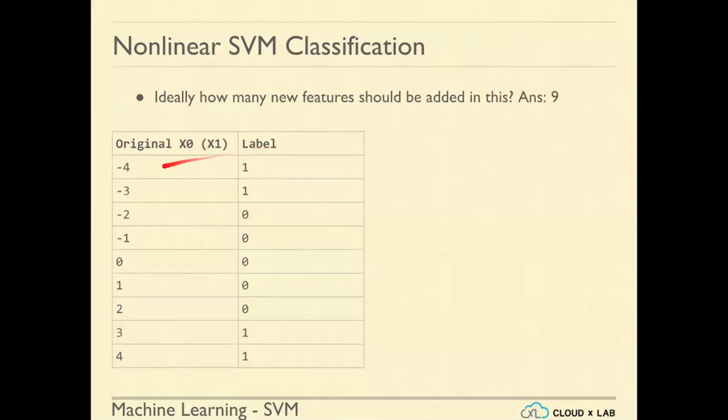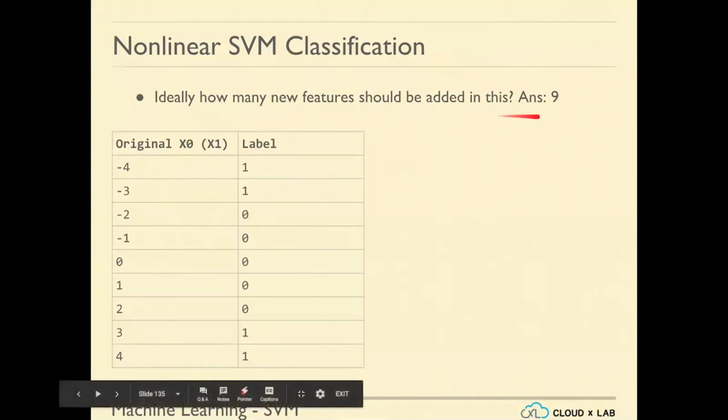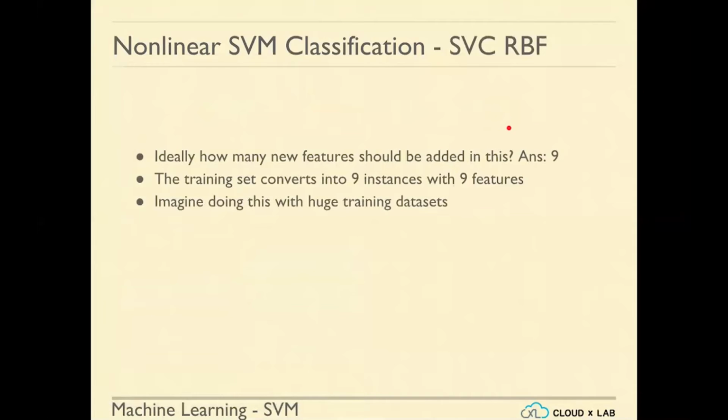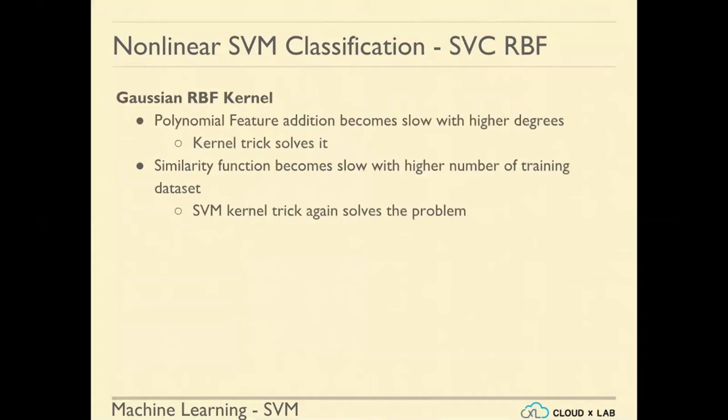Since there are 9 data points here, there will be 9 new features added. So the training set converts the 9 instances to 9 features. Imagine doing this with a huge training data set. When we are adding the RBF kernel, it becomes extremely slow.